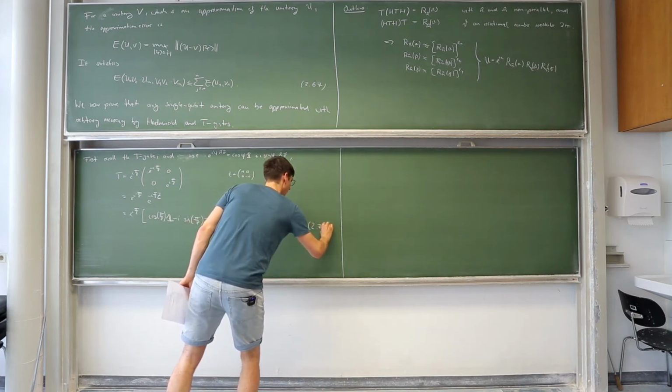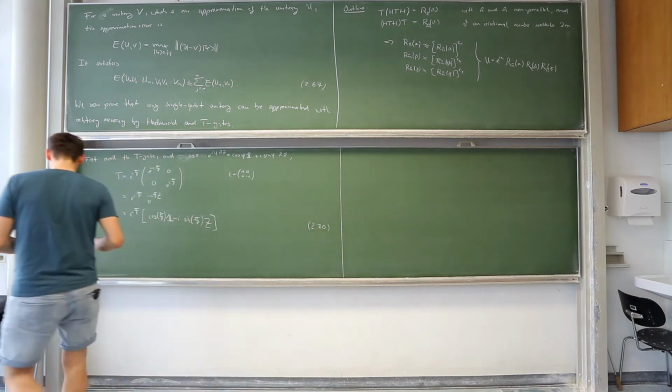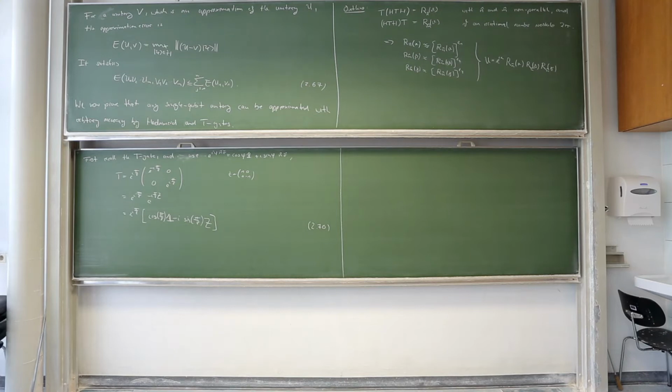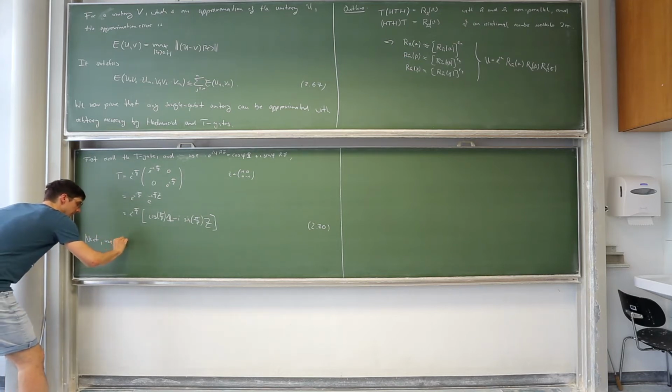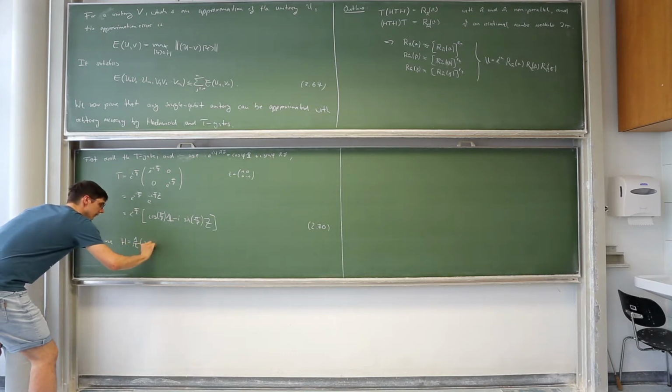Next, what we use is that the Hadamard can be written as 1 over square root of 2 times x plus z.